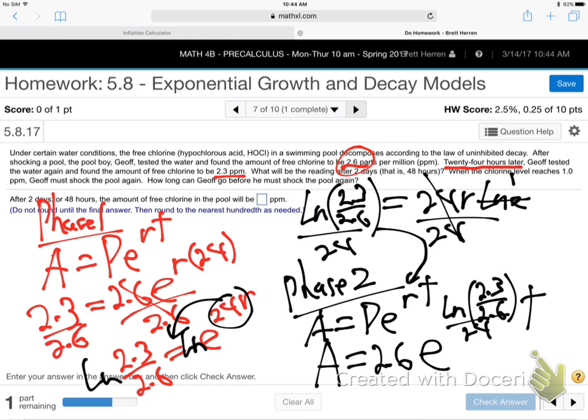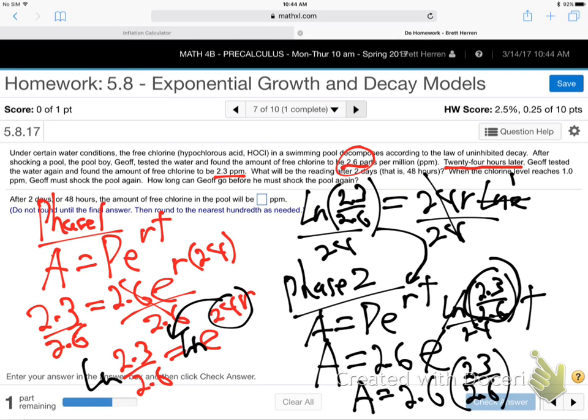Remember what happens? The E and the ln cancel, and this part, which was in the toaster, drops down to become the base, right? You with me? So 2.6, and then the 2.3 over 2.6 is the base, to the T over 24 power.